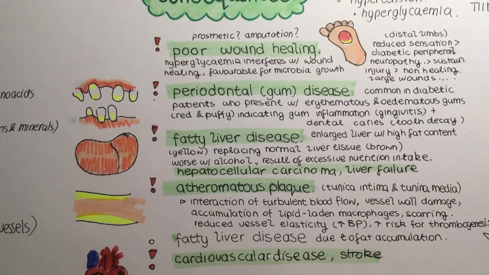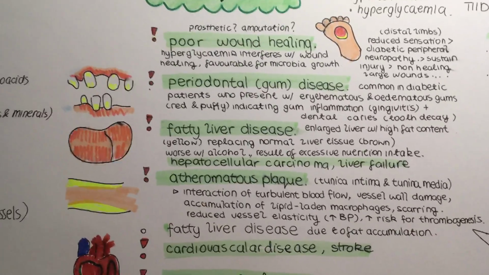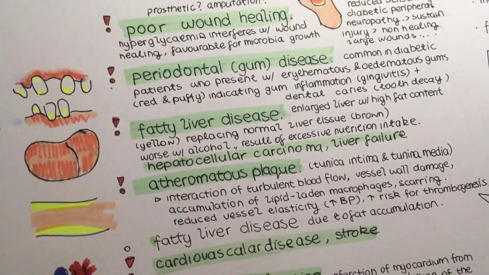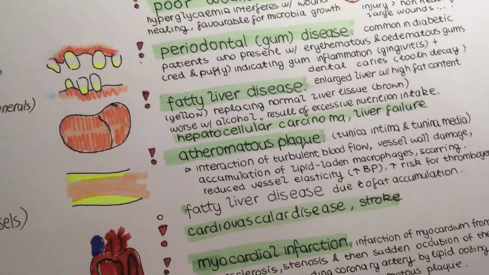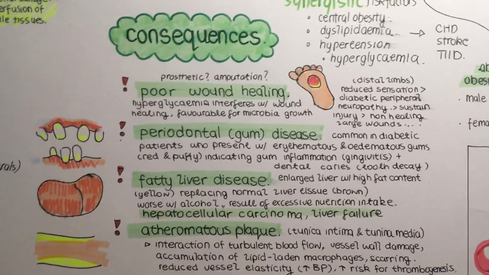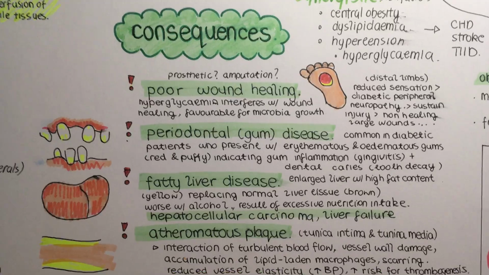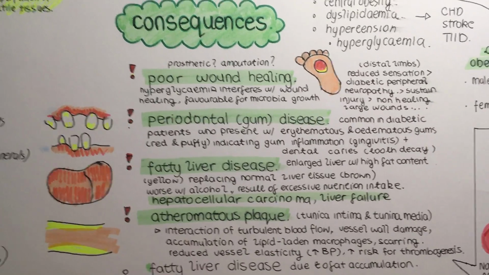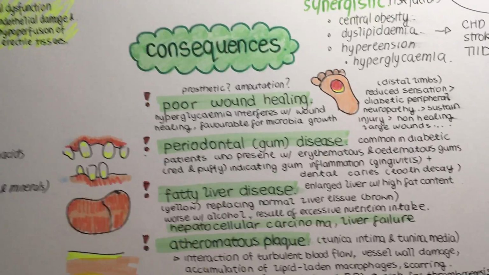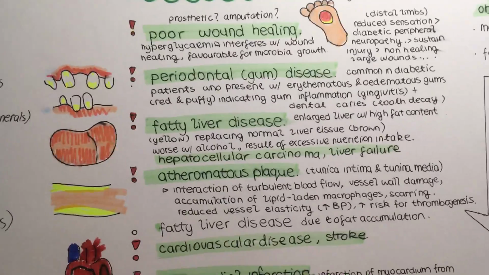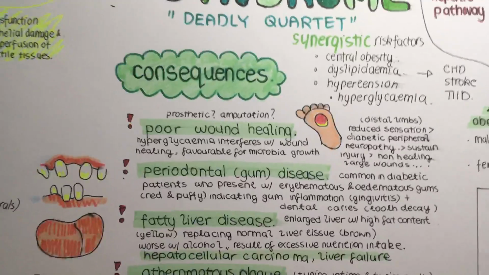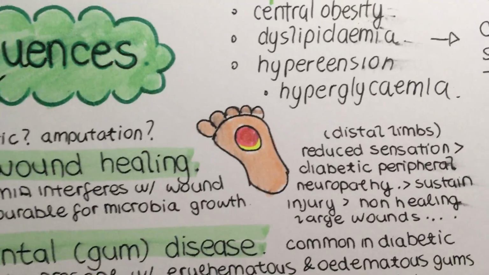Number two, you have neuropathy and decreased sensation in your distal limbs as a result of the inflammation that takes place, damaging nerves, and this is caused by a mix of hyperglycemia and hyperlipidemia.